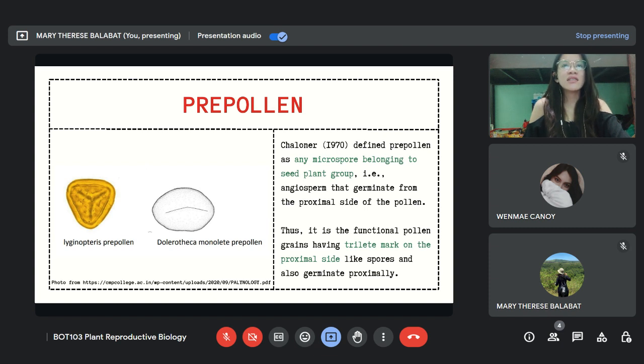This indicates that the mother spore split in 4 along a vertical axis. In trilete prepollen, each spore shows 3 narrow lines radiating from the center pole, as you can see.